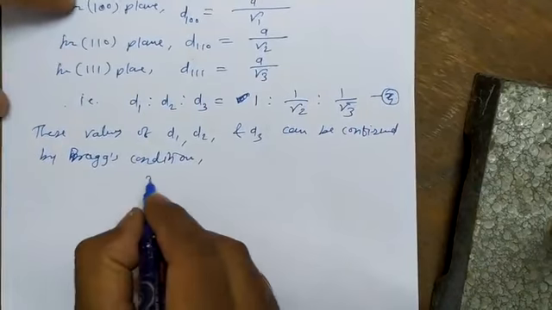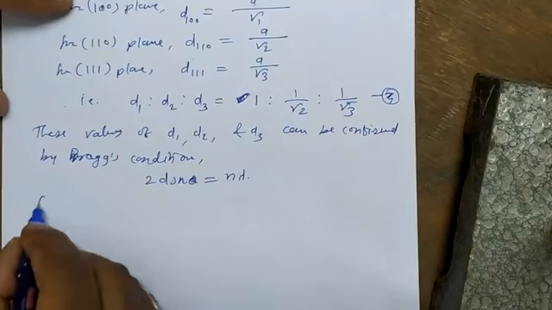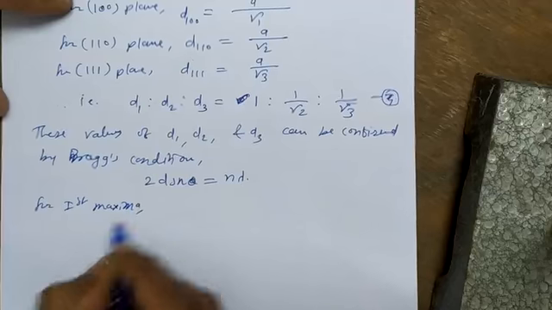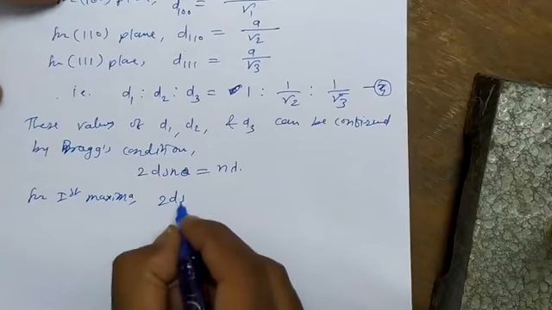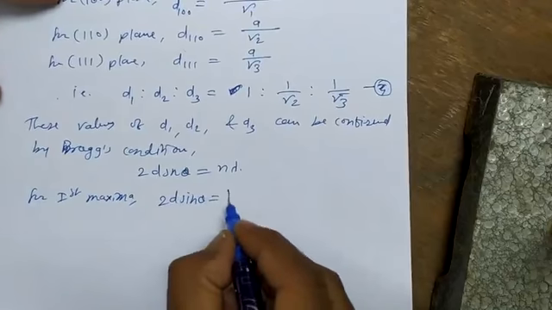For the first maxima, n equal to 1, so the equation can be written as 2d sin theta equal to lambda.